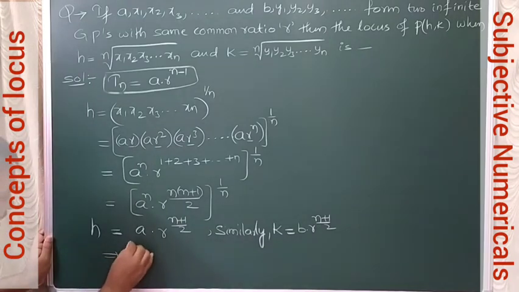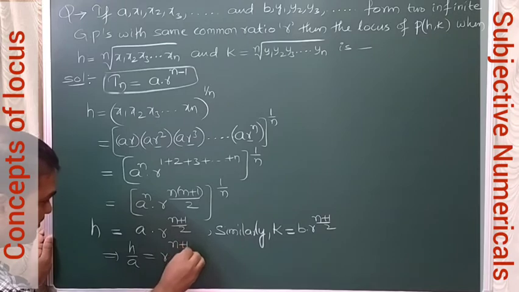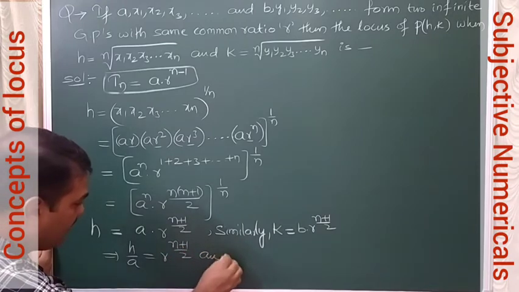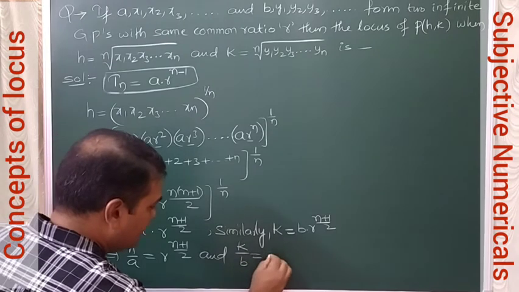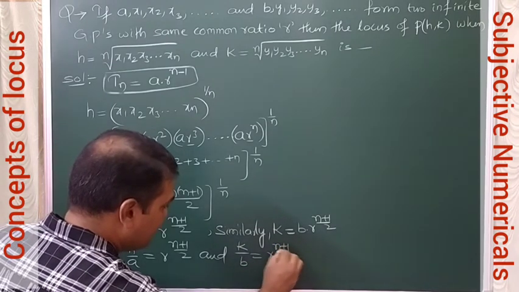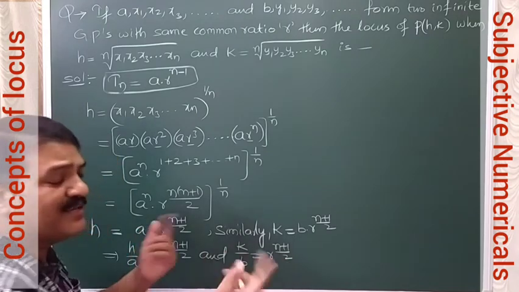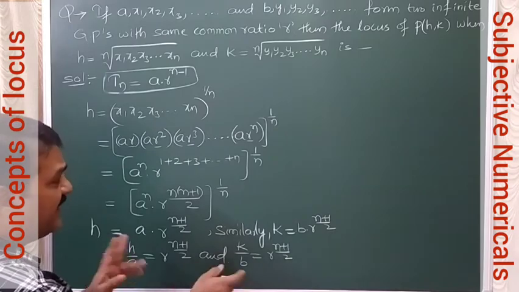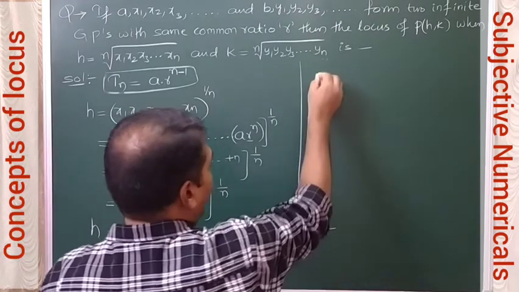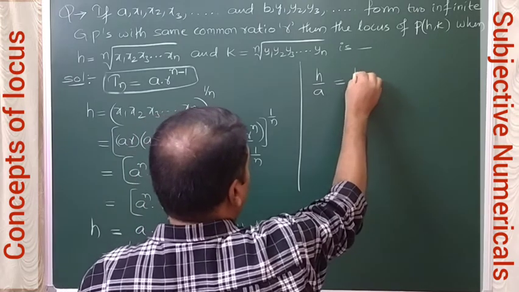So I can write this as H by A equal to R power n plus 1 by 2, and here we can write K by B equal to R power n plus 1 by 2. R power n plus 1 by 2 we can eliminate now, since both are R power n plus 1 by 2 only. So equating both of them, we have H by A equal to K by B.